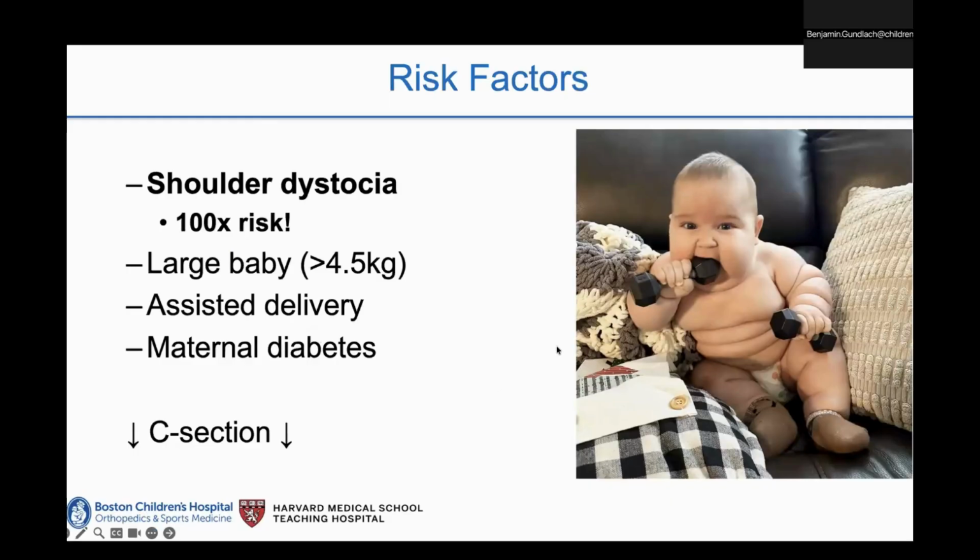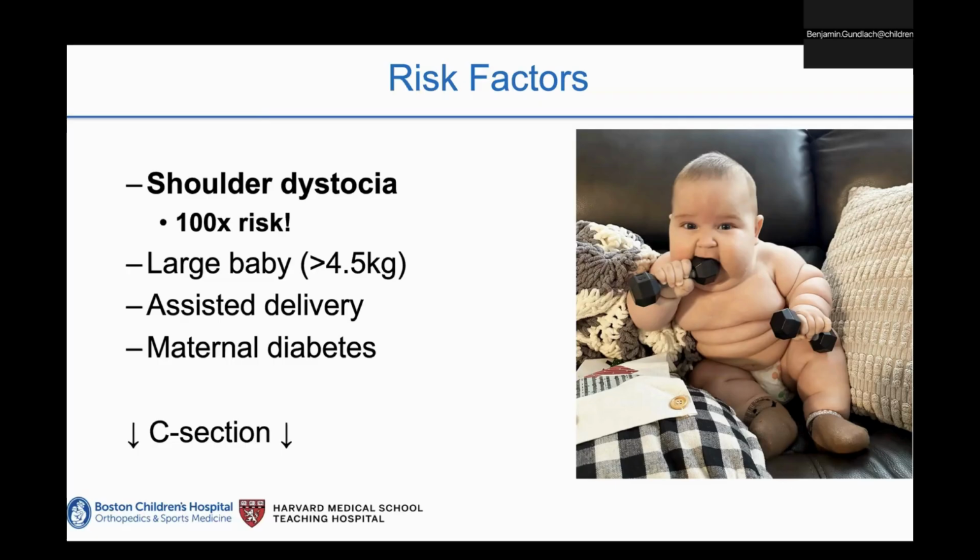Risk factors for brachial plexus birth injury have been reviewed exhaustively over many decades. And what we know is that the greatest risk factor for brachial plexus birth injury is the occurrence of a shoulder dystocia during the delivery process. In a review by Foed et al. from last decade, shoulder dystocia was found to have a 100 times increased risk of brachial plexus birth injury.